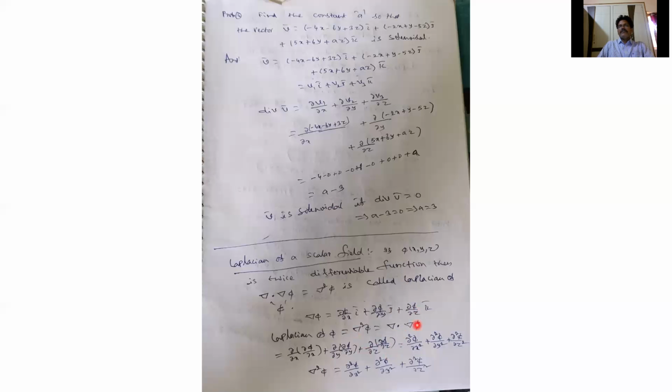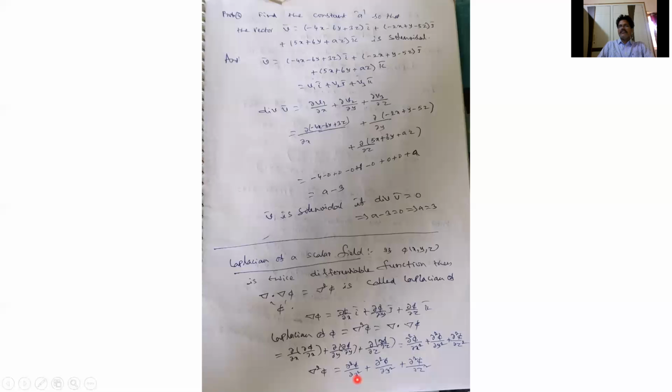So ∂/∂x of ∂phi/∂x, plus ∂/∂y of ∂phi/∂y, plus ∂/∂z of ∂phi/∂z. Finally we get ∂²phi/∂x² plus ∂²phi/∂y² plus ∂²phi/∂z².